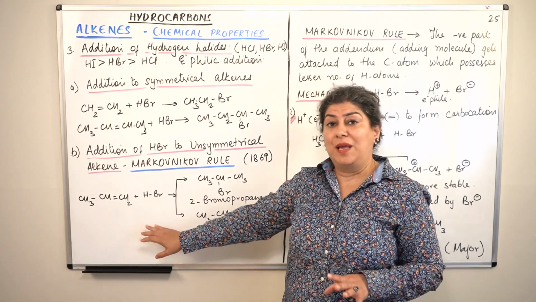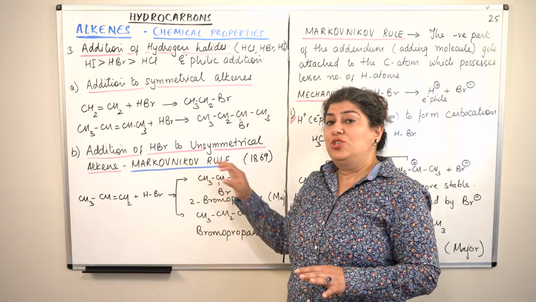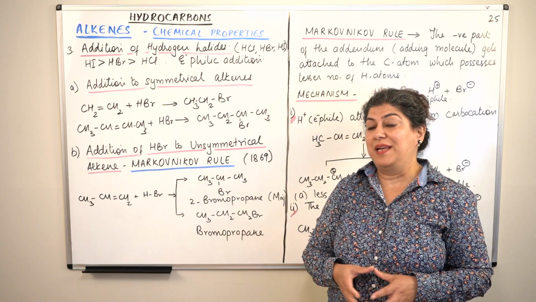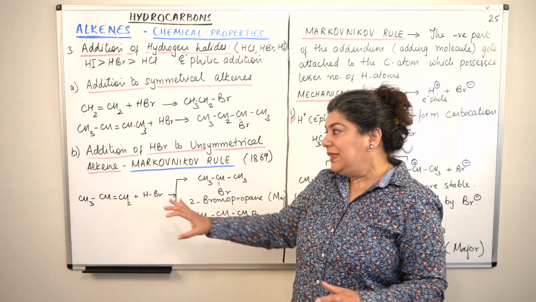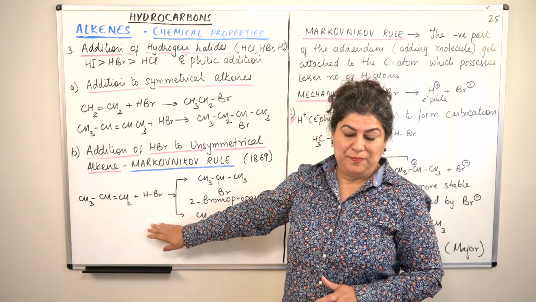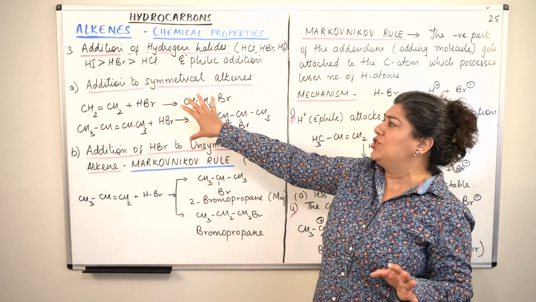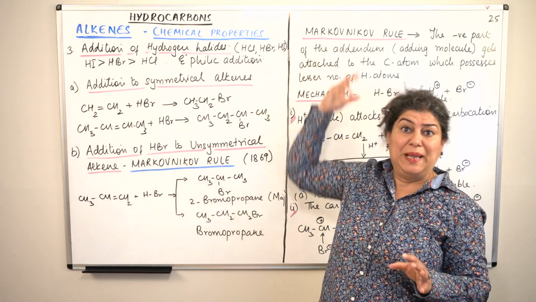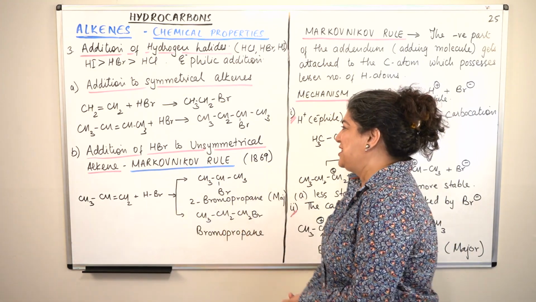It is actually the same reaction, the same process is going to take place. But when the addition to unsymmetrical alkenes takes place, there is a possibility of more than one product. Therefore, we study it separately. In the case of symmetrical alkenes, the product is always the same. Therefore, we don't bother about explaining all of it. You'll understand it again as I keep explaining this.